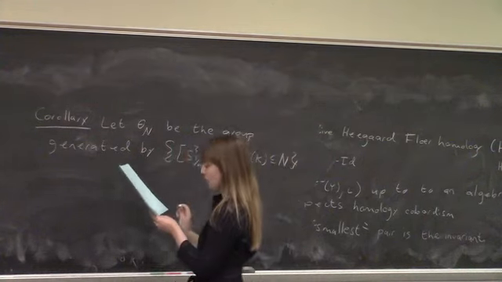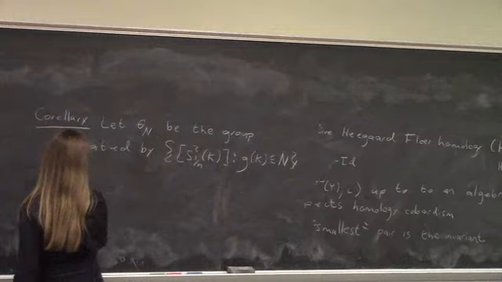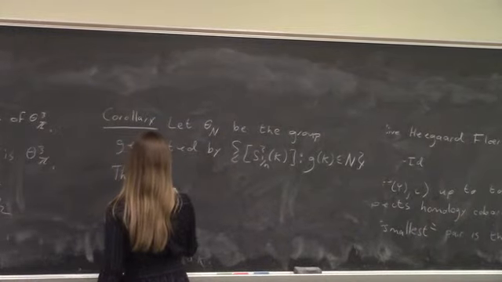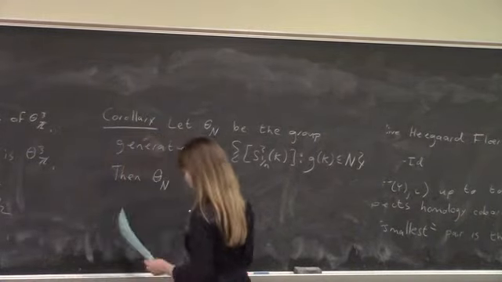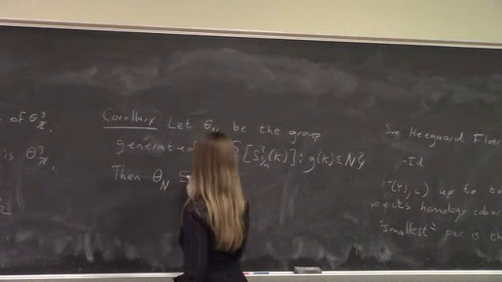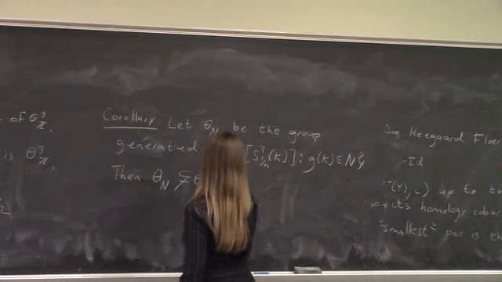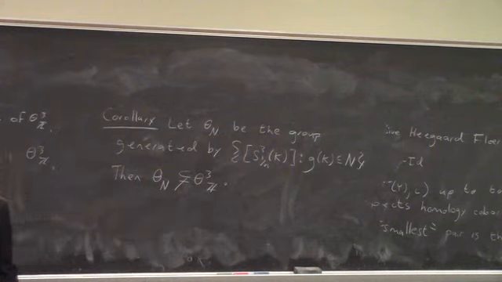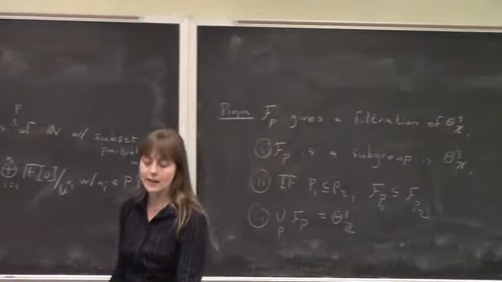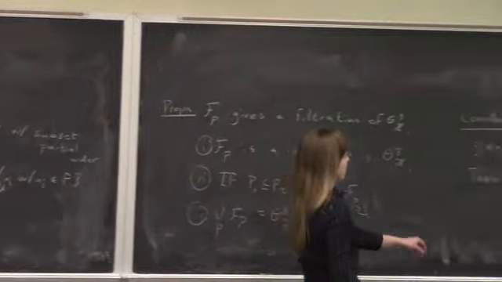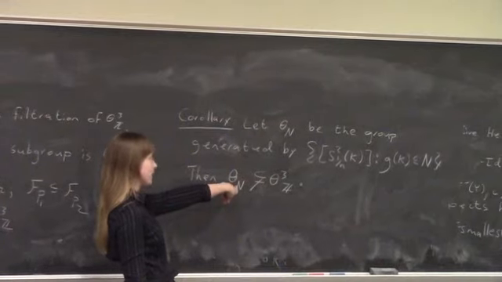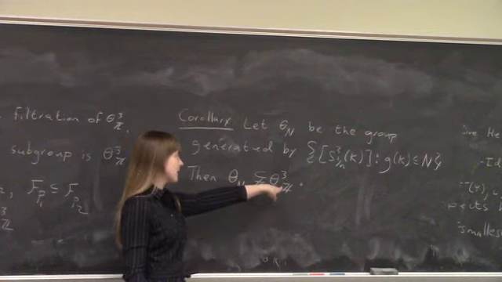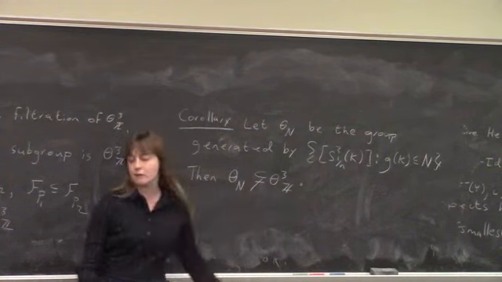Then this group, which is surgeries on knots of bounded geometric complexity, is never all of Theta_Z^3. And the proof of this, which I'll just say out loud because I'm out of time, is that one can show pretty quickly that this lives in a bounded filtration level, and one can show pretty quickly that Theta_Z^3 does not exist in any bounded filtration level.